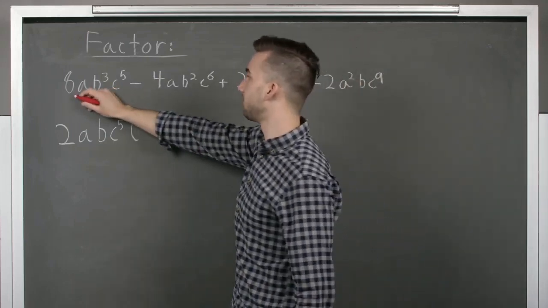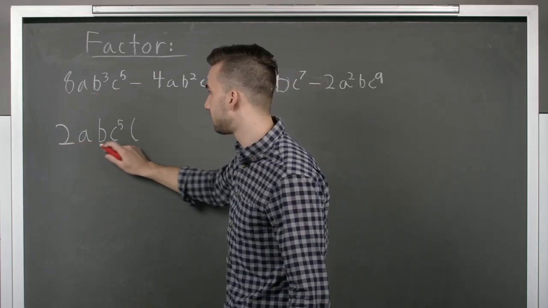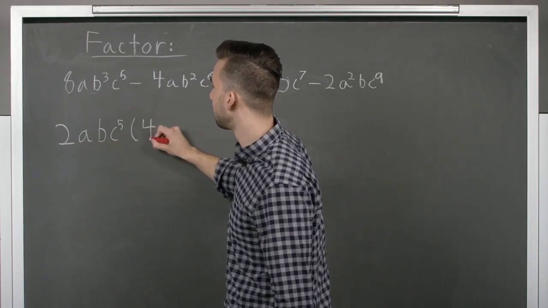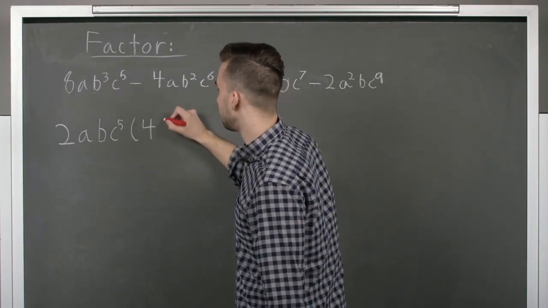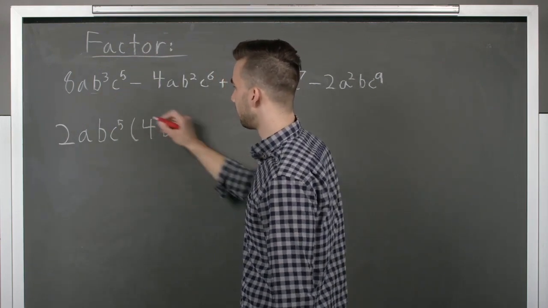So this first term, 8ab to the power of 3, c to the power of 5, divided by this, gives us 4, b squared, and 1.